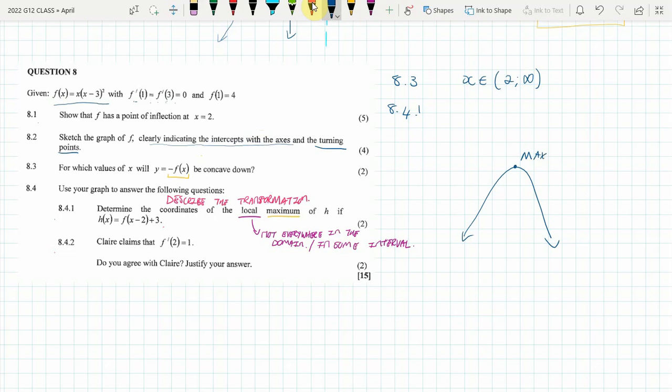If it's concave up, it will have a minimum. When it comes to cubic functions, they can have up to two turning points. So now, this one was not a local maximum, it was an absolute maximum because it was greater than the rest.